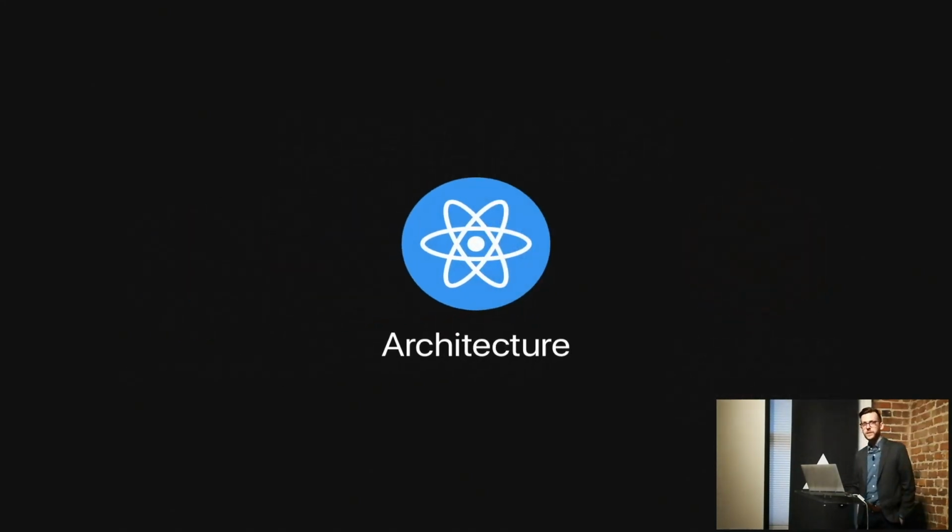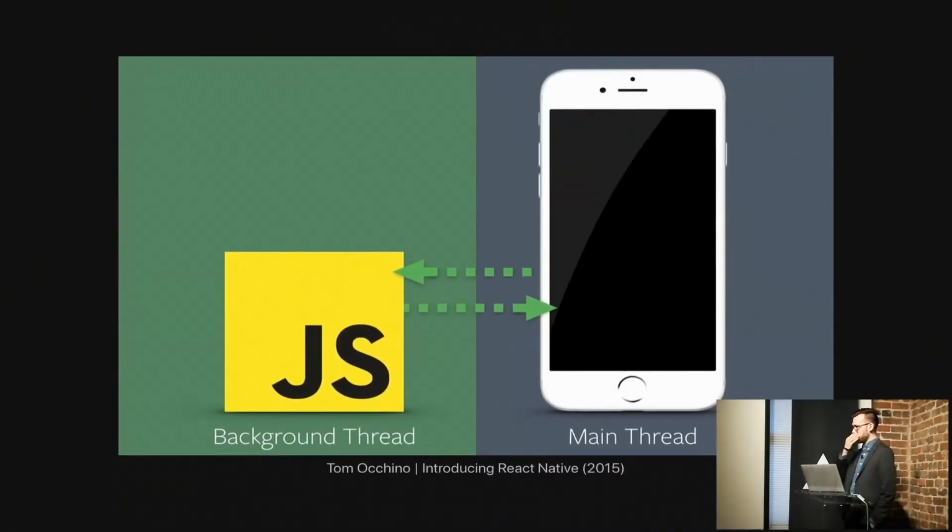So if we start with the architecture, when React Native was announced, there was this great slide that Tom Occhino presented. This is like the highest of the high level architecture diagram.